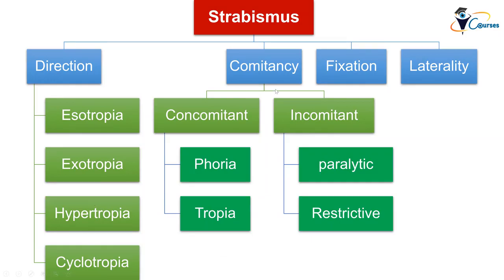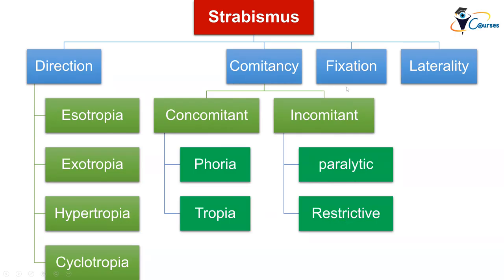And there is comitancy: it is comitant or incomitant. We now know the difference between comitant and incomitant. The comitant can be latent, or phoria, or manifest, what's called tropia. The incomitant can be paralytic or restrictive.